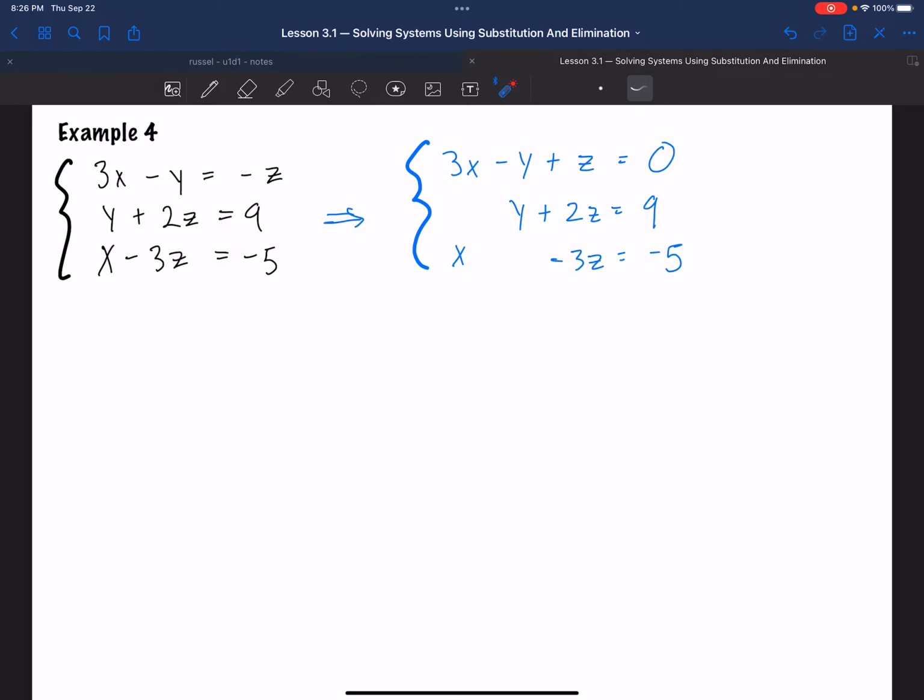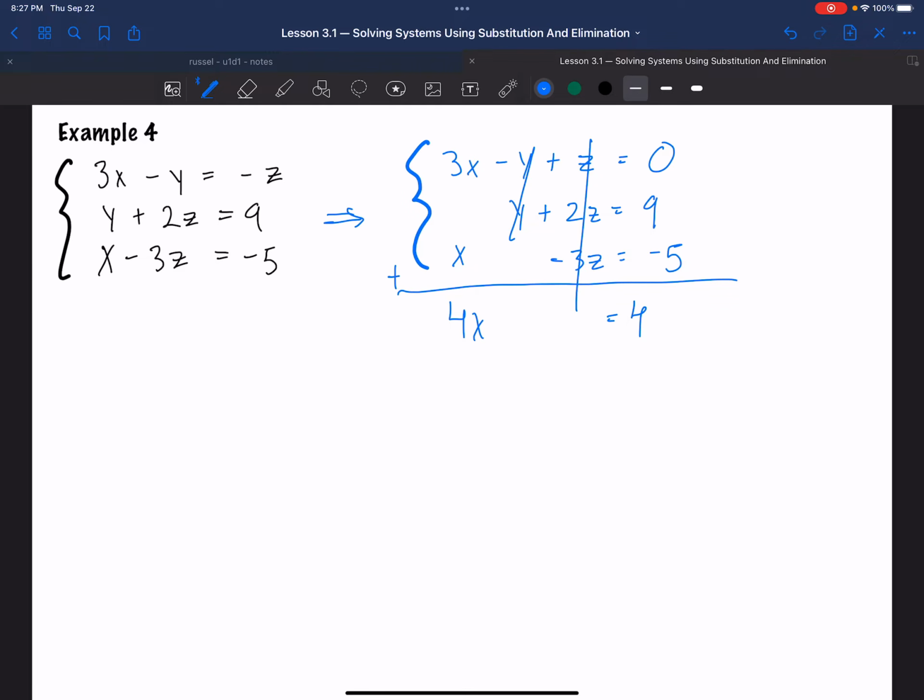Isn't that cool, right? So if I were to add all these together, 3x plus x is 4x. I get negative y plus y is gone. And then z plus 2z minus 3z is also gone. And this equals 9 plus negative 5, which is 4.